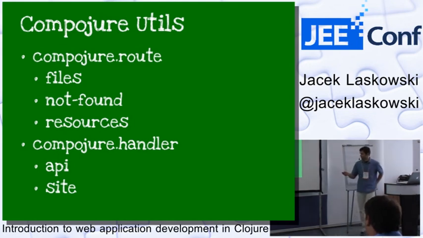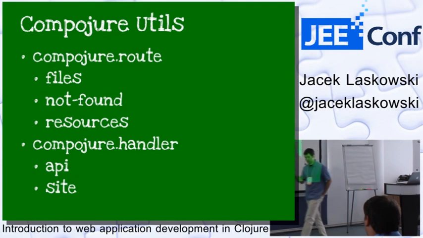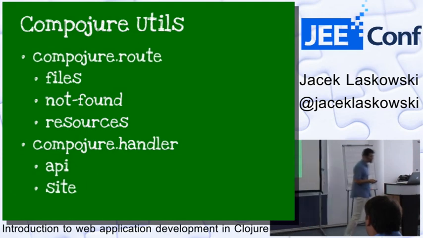And there are some API and site that provide functionality like keeping sessions, cookies, and all the stuff you don't want to bother with when creating a web page or web application in Clojure. Okay, so what does this app do?